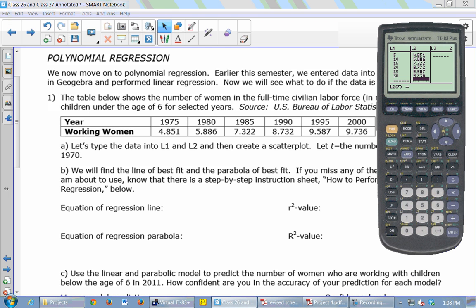Okay, so I would just like to see a scatter plot first. Before I do any regressions, I just want to see what this data looks like. So I go to stat plot, which is second y equals, and I want to turn plot 1 on. So when I have plot 1 highlighted, I press enter, and I have an on-off toggle, highlight on.